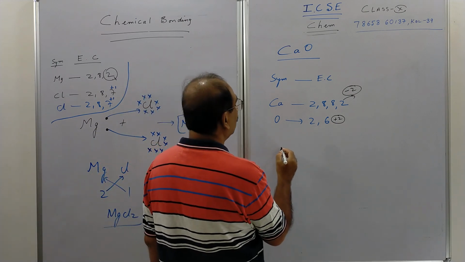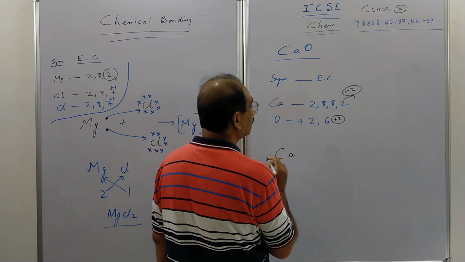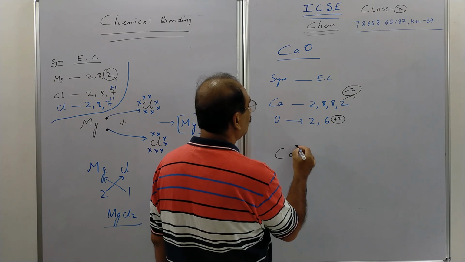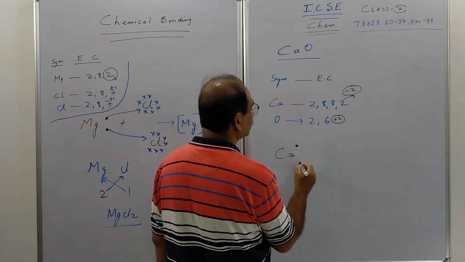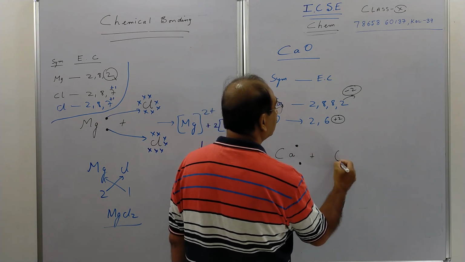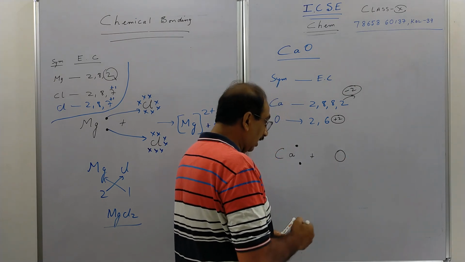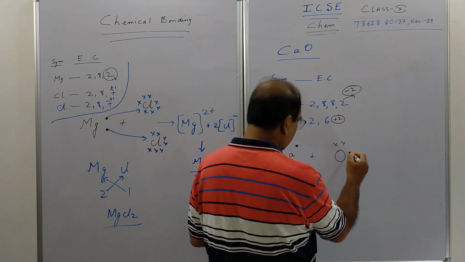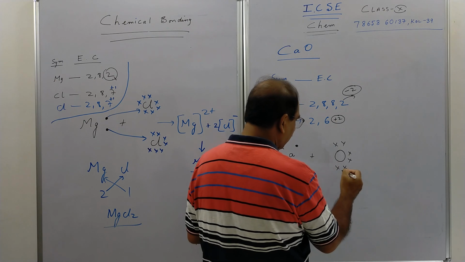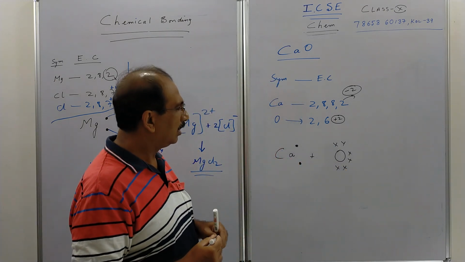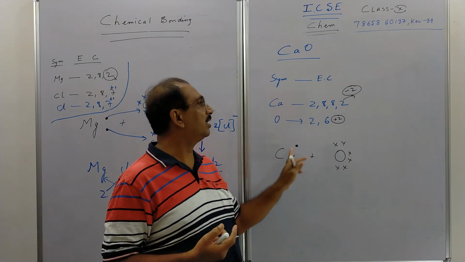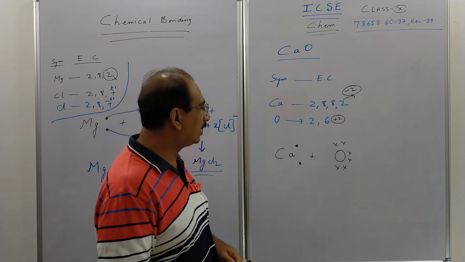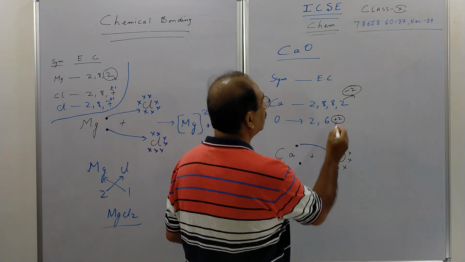Okay, so Ca, see here nicely, has 2 electrons, children, and oxygen has, I will use the same color but I will use a cross. It has 6 electrons. 1 calcium can give 2. 1 oxygen can take 2 because it is 2 short.